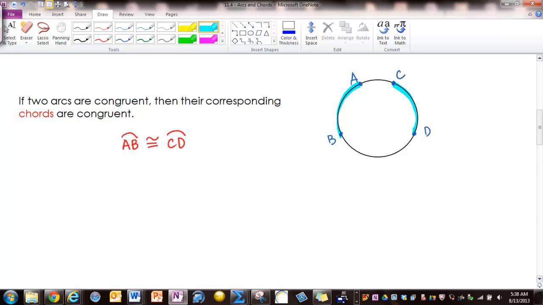And then it says if the two arcs are congruent, then their corresponding chords are congruent. So their corresponding chords are the chord from A to B and the chord from C to D. We can mark those congruent, and we show that with segment AB congruent to segment CD. So if two arcs are congruent, then their corresponding chords are congruent.